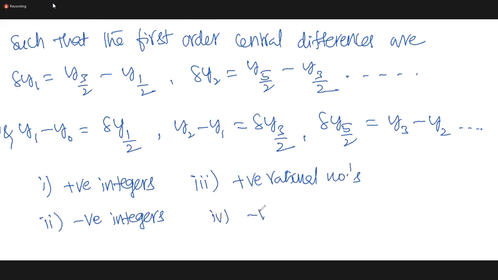Sometimes we get negative rational numbers. So in central differences, the suffixes of the recurrence terms are either integers or rational numbers, sometimes positive, sometimes negative.